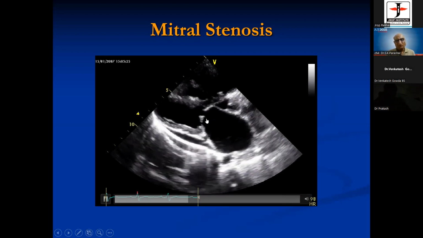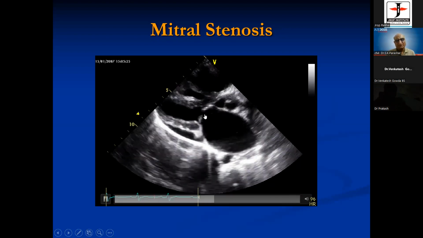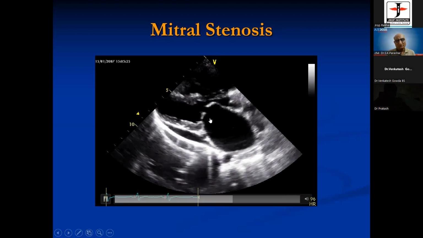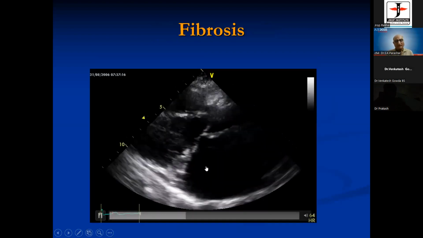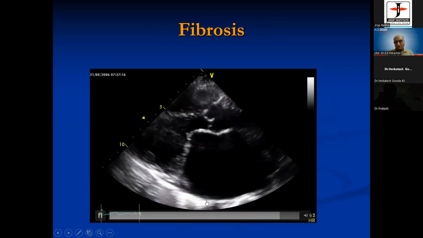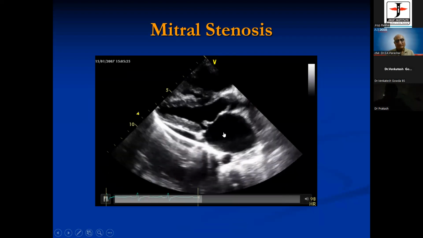Now you see how much the distance is between the anterior and the posterior leaflet, showing a good image. Coming to this, as compared to the previous one, I'll show you the previous one again. You see there is a good space between the anterior and posterior leaflet, and the thickening is mild or so.